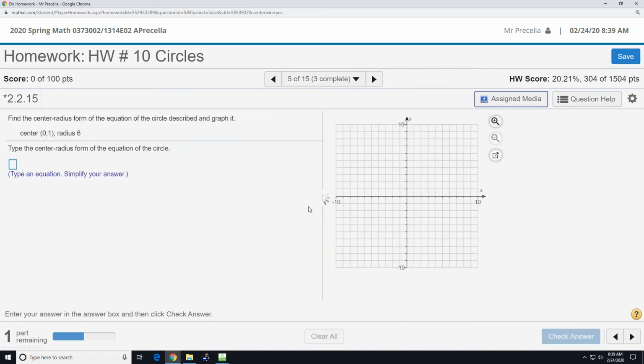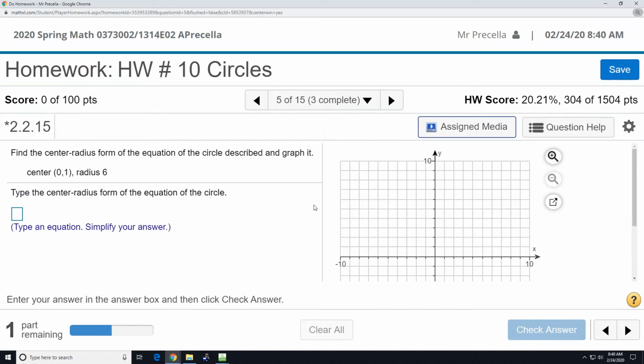Problem 5. Okay, so problem 5 says, find the center radius form of the equation. Here the center is 0, 1.